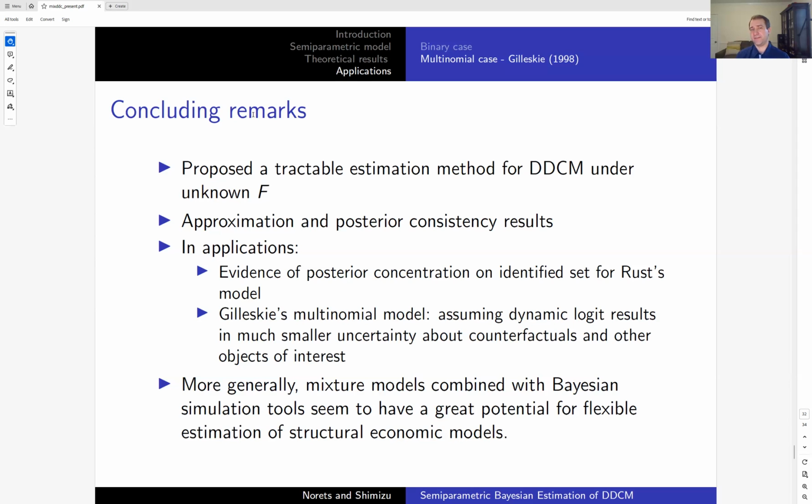So for theory, our result is for a class of kernels. At the same time, for actual tractability, extreme values are essential because they give us an analytical expression for the choice probabilities and for the integrals inside the Bellman equations. That's the main reason for using them.